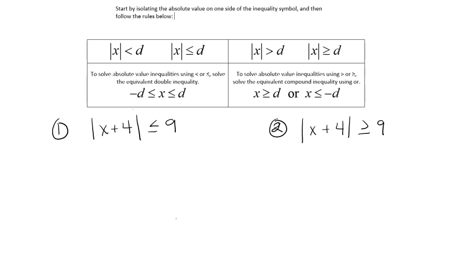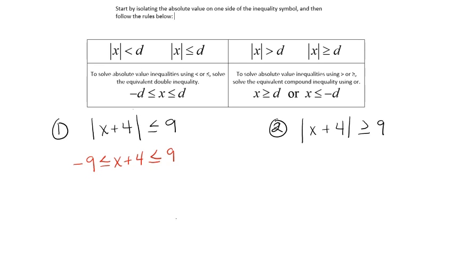All right, so number 1 is less than. Less than double S, double inequality, or less than and. So we're going to write x plus 4 less than or equal to 9. Ooh, and it's got to be greater than or equal to -9.